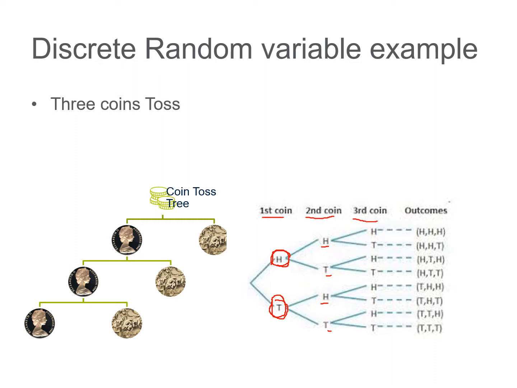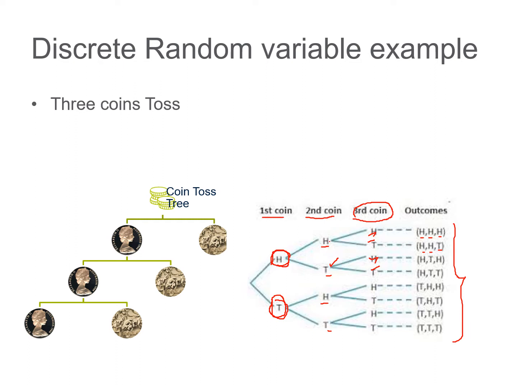What happens if you throw the third coin, right? And here also, if you have got head in the second, you may get head and tail in the third coin, and so on, right? So these are the possible outcomes. So you may get three heads, head, head, head. You may get head, head, and tail, head, tail, head, and so on. So these all are the possible outcomes.